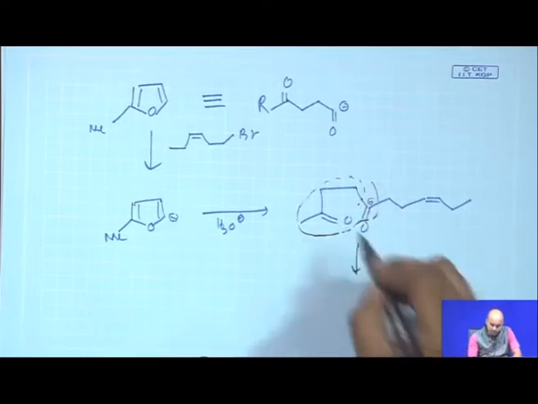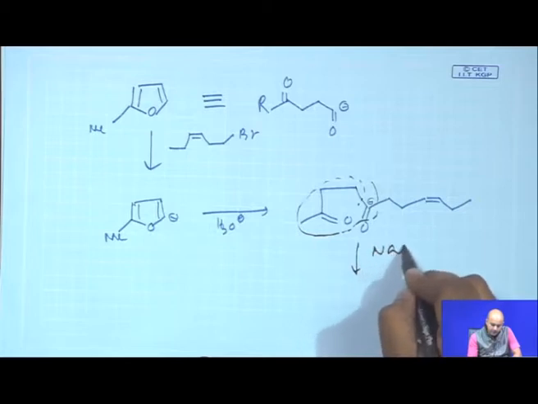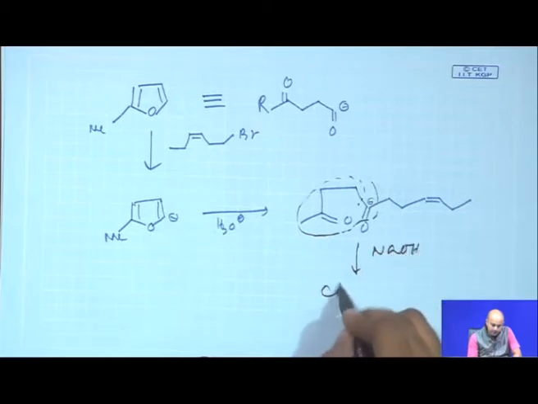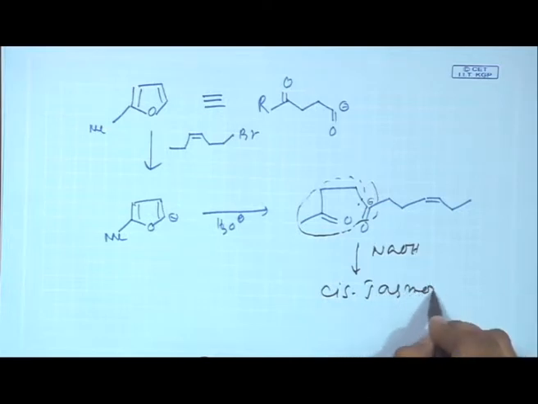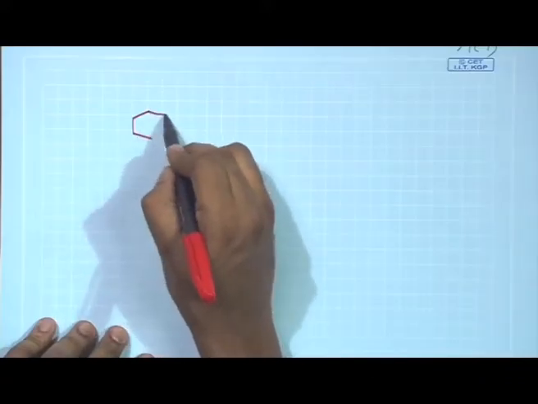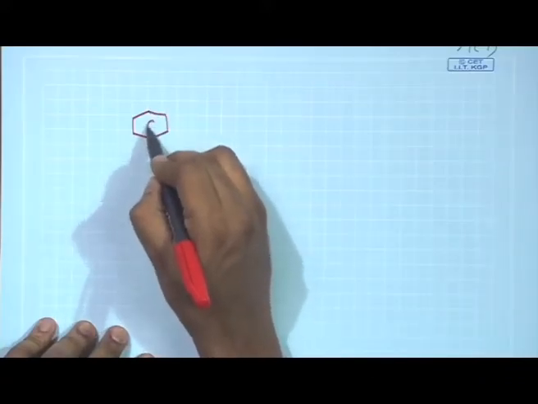Now, this one, in a similar way, if you do an aldol reaction, it will give you cis-jasmone. Cis-jasmone structure was already discussed in the earlier slide. In a similar way, you can carry out many synthetic exercises. Let us try to figure out very simple synthetic equivalents.